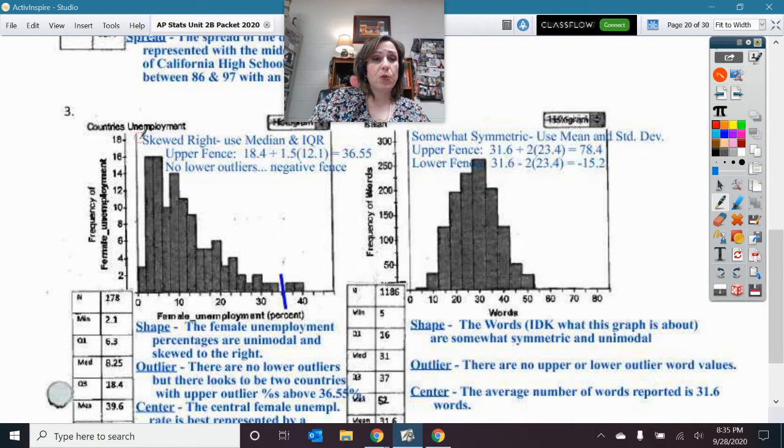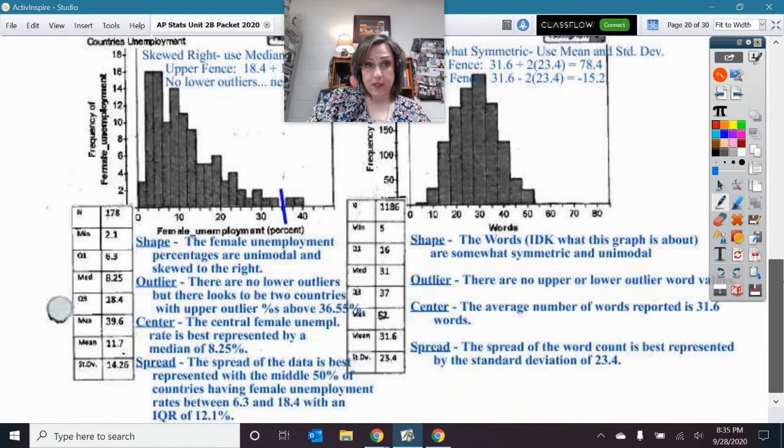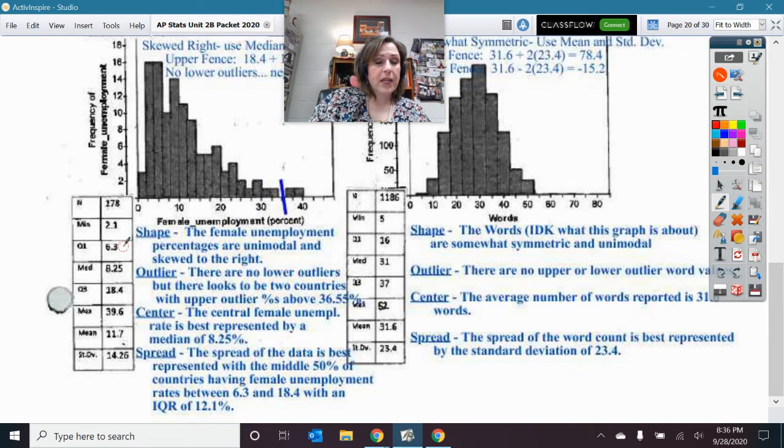All right, similar ways down here with numbers 3 and 4. 3 was skewed to the right, so I'm going to use median and IQR. I computed the upper fence, and there are no lower outliers. It's a negative fence, and I can't have a negative unemployment rate, so I just didn't even mess with that. So here I go. My shape of the female unemployment percentages is unimodal and skewed to the right.